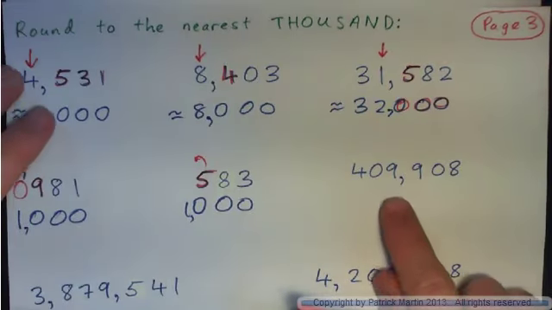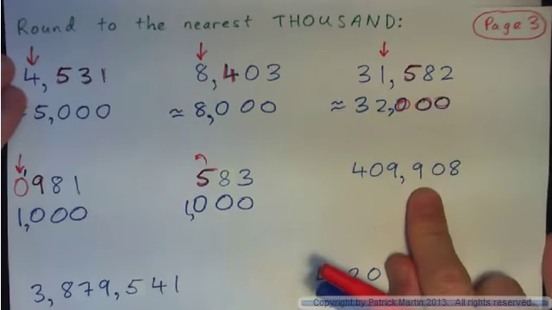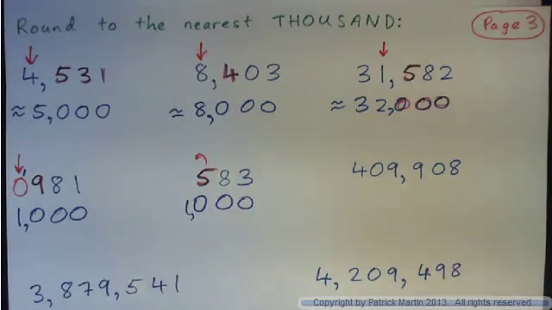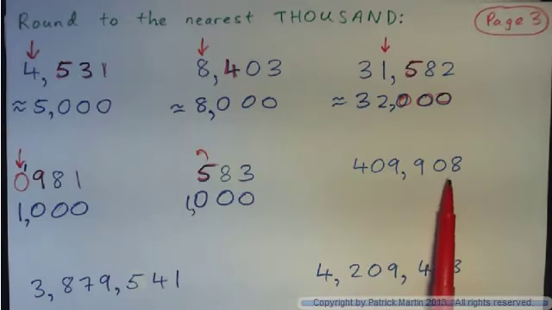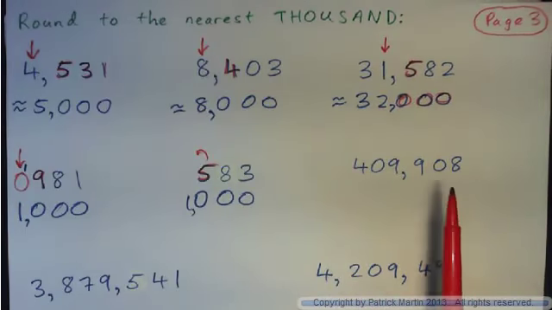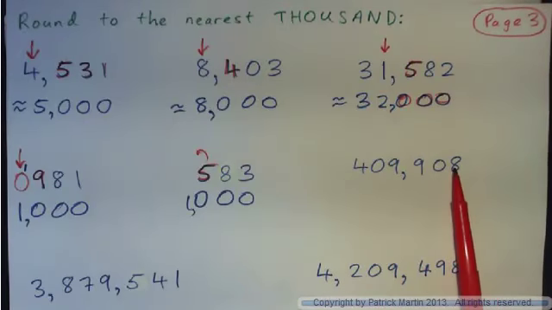So what about this number here? 409,908. How would you round this guy to the nearest 1,000? So first of all, which digit is the 1,000 digit in this number? Let's go through them. We've got ones or units, right?